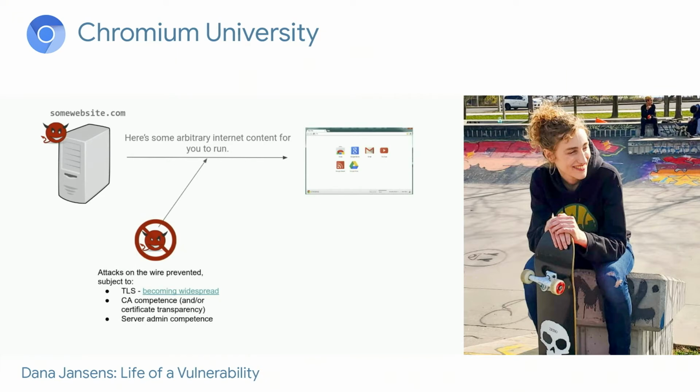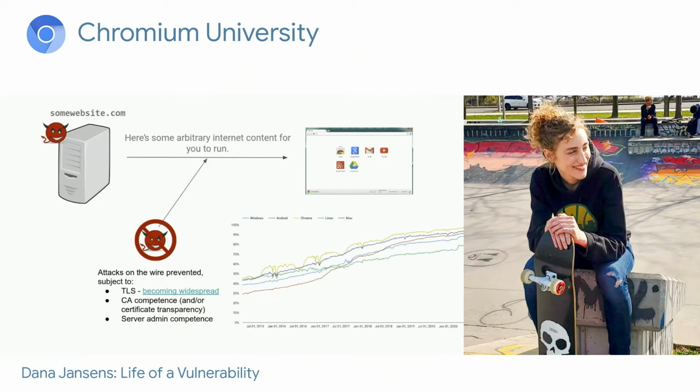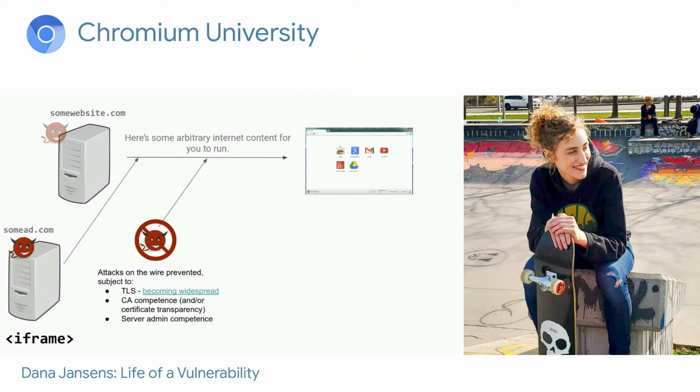TLS does simplify things. If TLS is working properly, then you can be sure that the data you're processing really does come from the web server, as opposed to some man-in-the-middle attack on the network. And TLS adoption has been increasing dramatically, which is great. But even though you can trust it came from the web server, a page is often composed of content from many web servers.